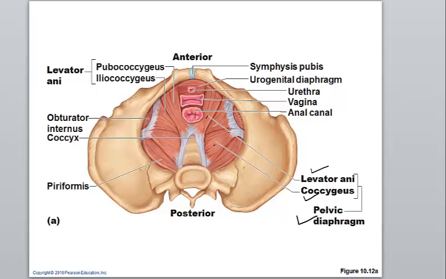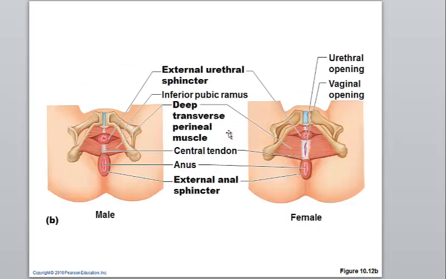Okay, so that's basically what it does. It forms a sphincter at the anorectal junction. That's what your levator ani is going to do. Coccygeus muscle also helps to support the pelvic viscera and helps in the defecation process as well. So those are the two muscles that form your pelvic diaphragm.